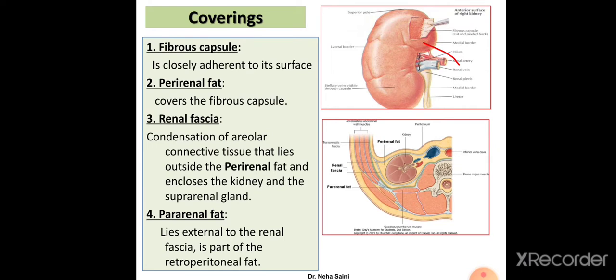Then outside that we have the renal fascia, which is the condensation of areolar connective tissue that lies outside the perirenal fat and encloses the kidney and the suprarenal gland. Then we have the pararenal fat which lies external to the renal fascia and it is a part of retroperitoneal fat.